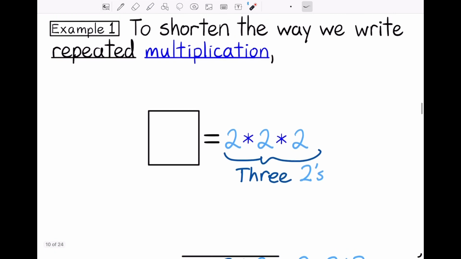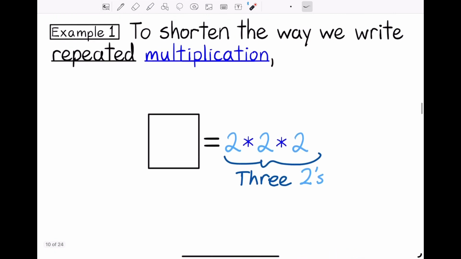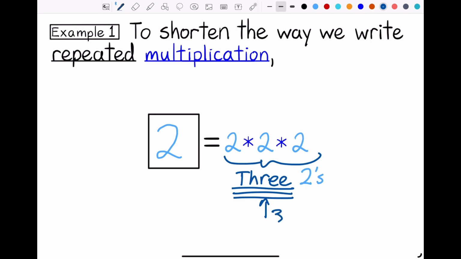Instead, we're going to first write down the number we're multiplying repeatedly, which is 2. And I'm going to write it a little bit bigger just to emphasize that. Then we're going to write down the amount we see 2 appear as a factor, which is 3. And we're going to place this 3 in the upper right hand corner of the 2. So I'm going to place the 3 there.